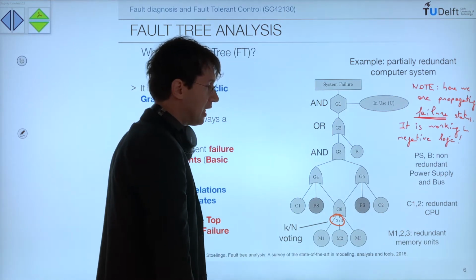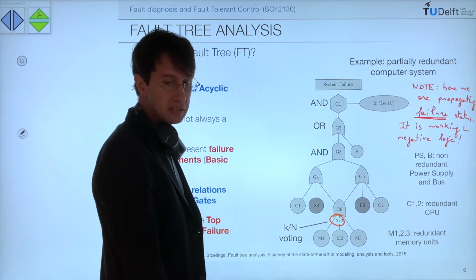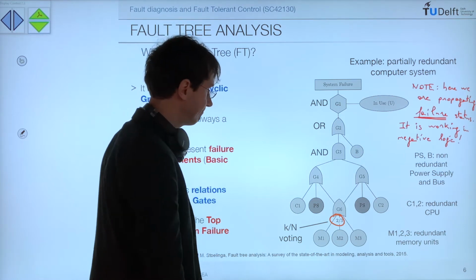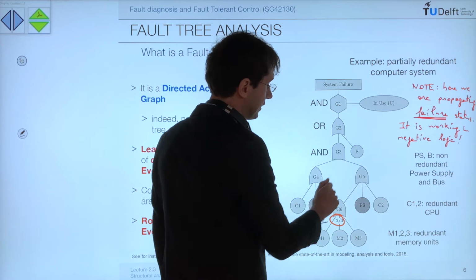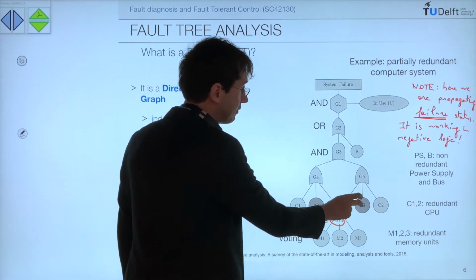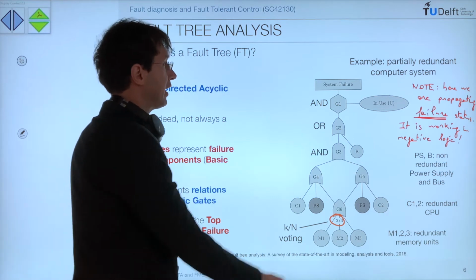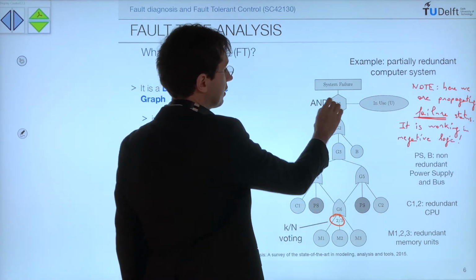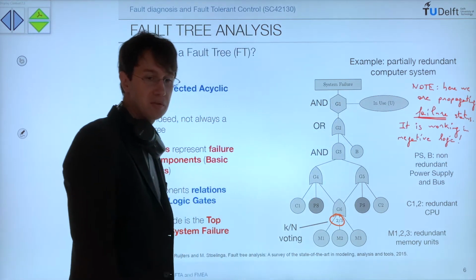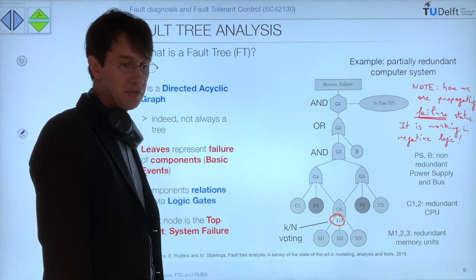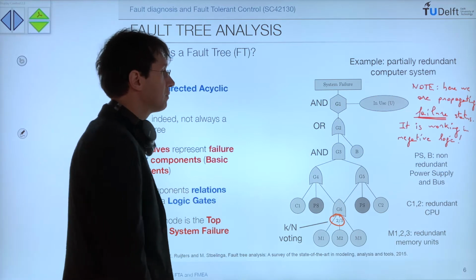We have a bus that is connecting the CPUs to memory and to other components. And we have a power supply. And then we have some control unit. I don't know, the keyboard and mouse of your computer, or simply the main switch.